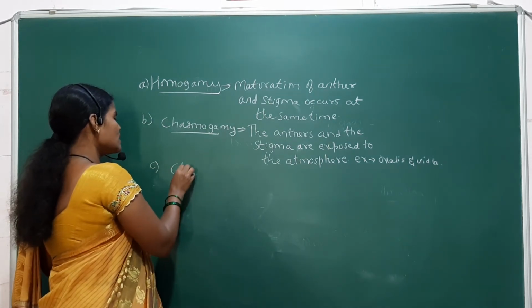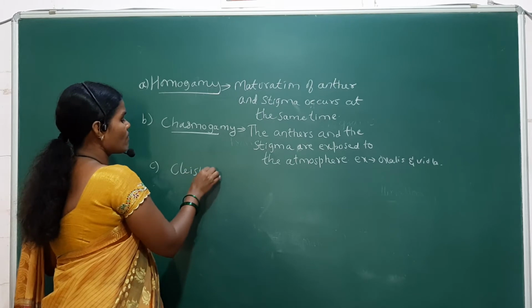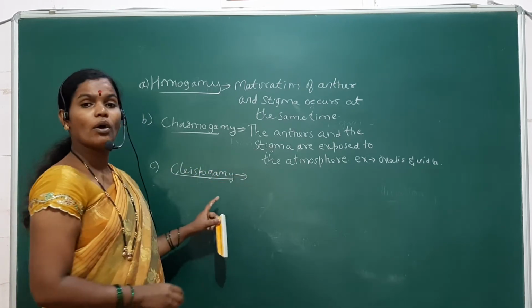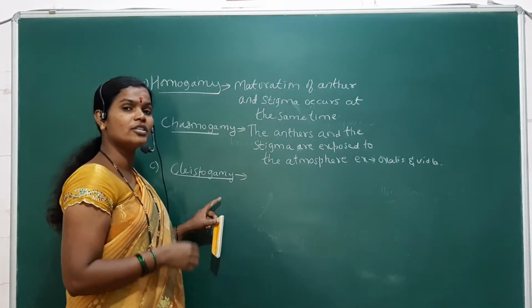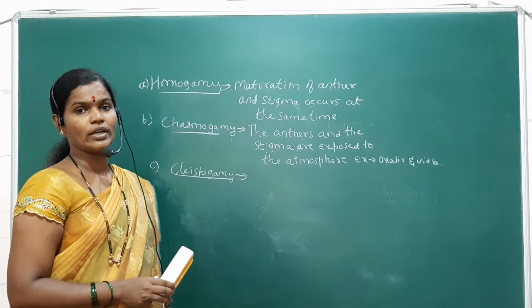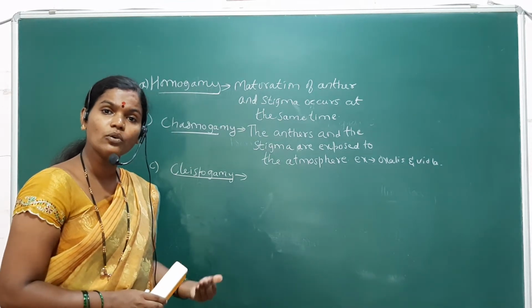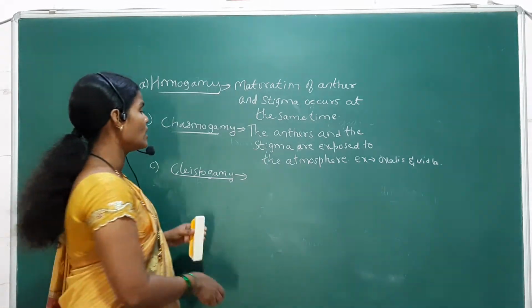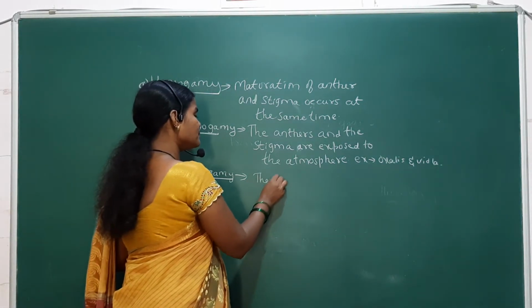The last condition is cleistogamy. Now what is the cleistogamy condition here? The flowers which grow below the soil, or the seeds which grow below the soil, have closed flowers.